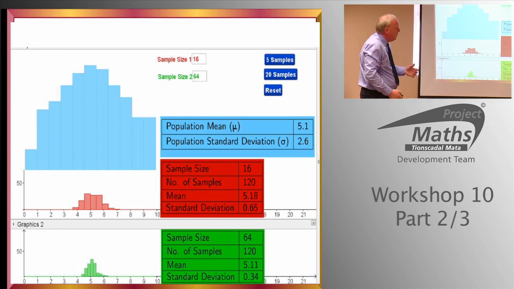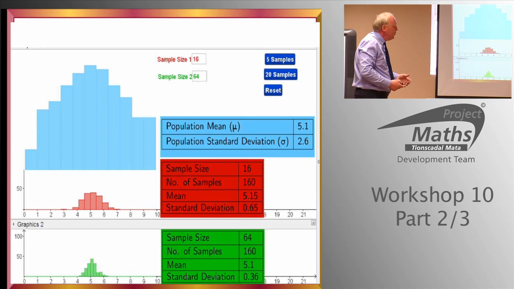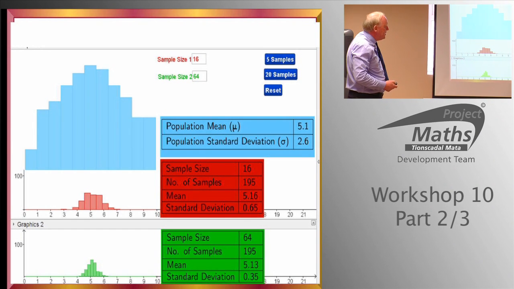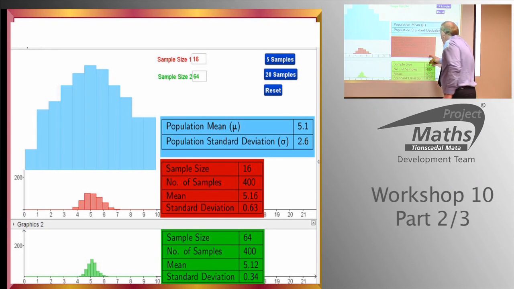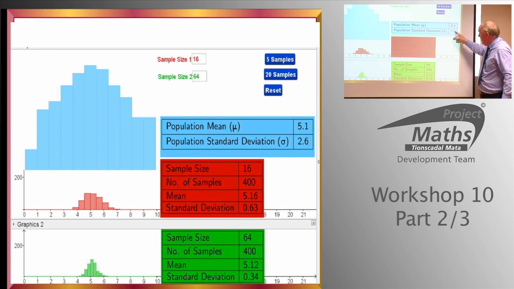And if I fast forward up to say even 200 of them, the same thing holds. And if I go up to 300, and finally up to 400, this time 4 times 0.63 is roughly 2.6, and 8 times 0.34 is roughly 2.6.